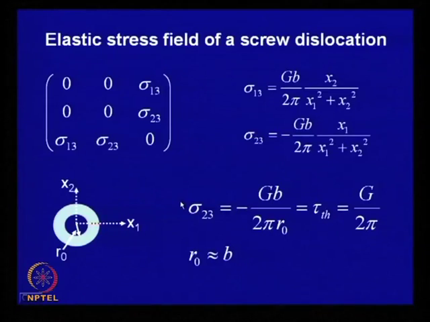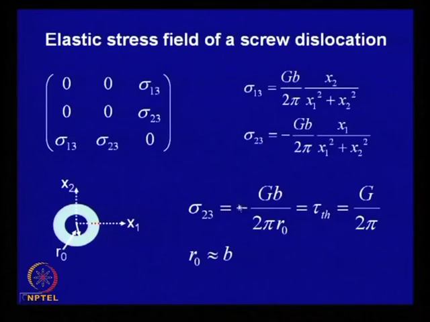This also explains why vacancies do not interact with a screw dislocation, because if you create a lattice vacancy, around the vacancy there is a volume change, and here you see that there is no volume change. So, there is no volume strain here, and therefore, a screw dislocation cannot interact with a vacancy.